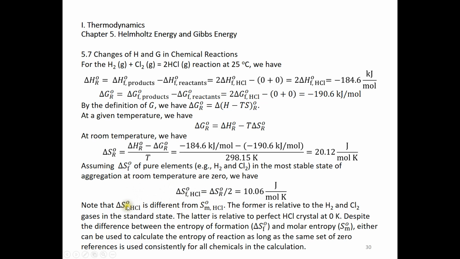For example, you can use the standard entropy of formation for all chemicals, and you can compute the entropy change of the reaction correctly. You can use the absolute values of the molar entropy of all chemicals, and you will get the entropy change of the reaction also correctly, and this too will result in the same entropy of reaction. Again, you just need to use the same set of 0 references consistently for all chemicals in your calculation.